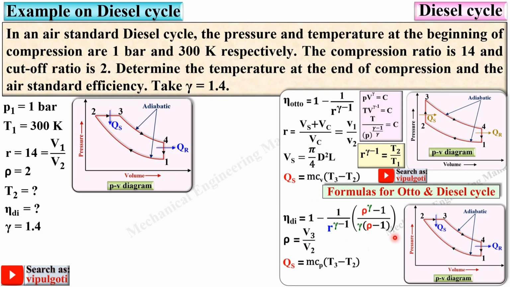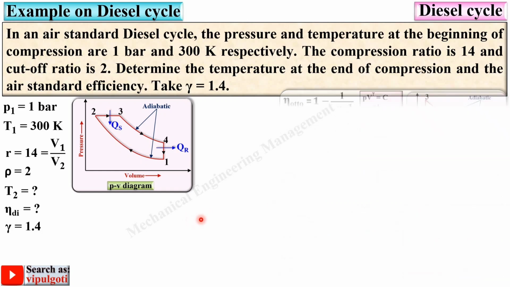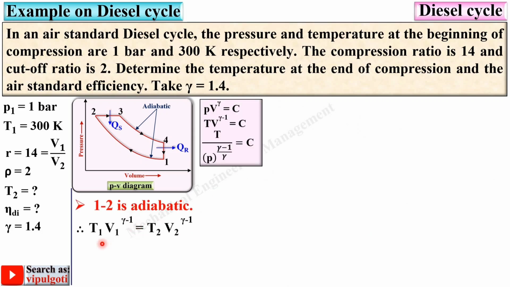So first I am going to consider the process 1, 2 as adiabatic process, and I am going to use the second equation for the state 1 and for the state 2. So T1 V1 raised to gamma minus 1 is equal to T2 V2 raised to gamma minus 1. Rearrange this term. So V1 upon V2 raised to gamma minus 1 is equal to T2 by T1. Now you know that V1 upon V2 is actually the compression ratio r, and that is given to you as 14.